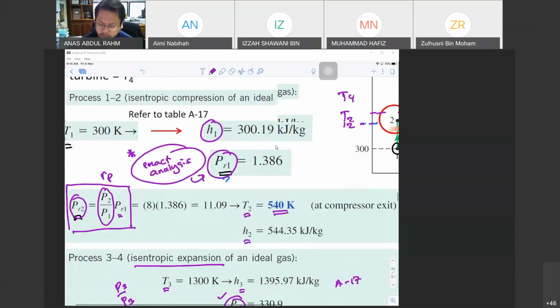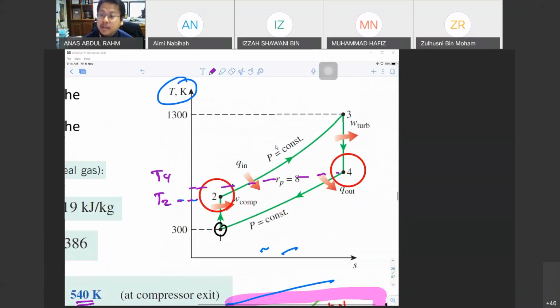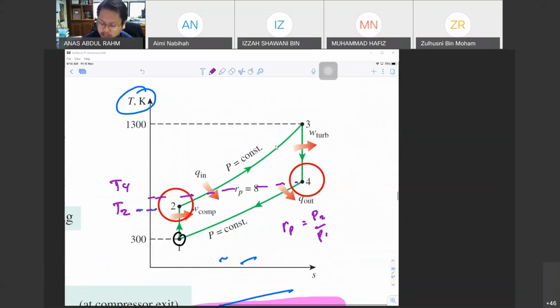Remember, if you look at over here, the definition of pressure ratio, rp is equals to P2 divided by P1, which is almost the same or equivalent to P3 divided by P4. Okay, the pressure ratio.